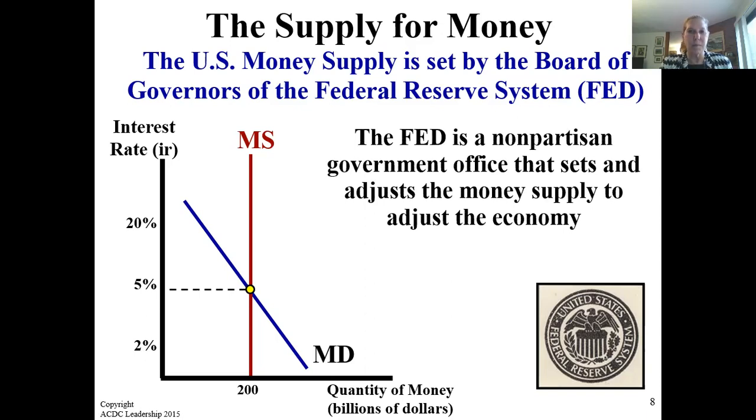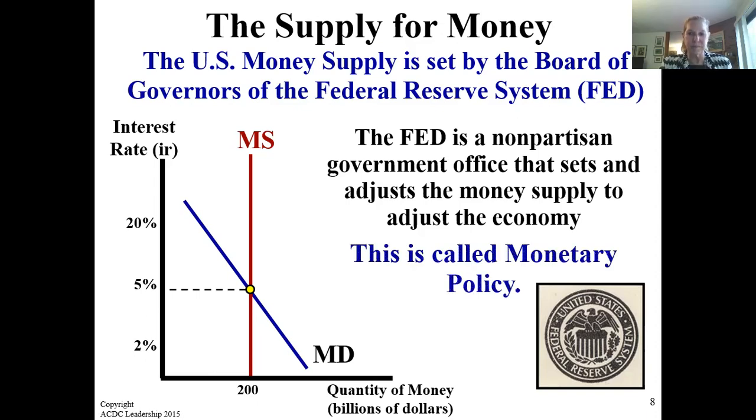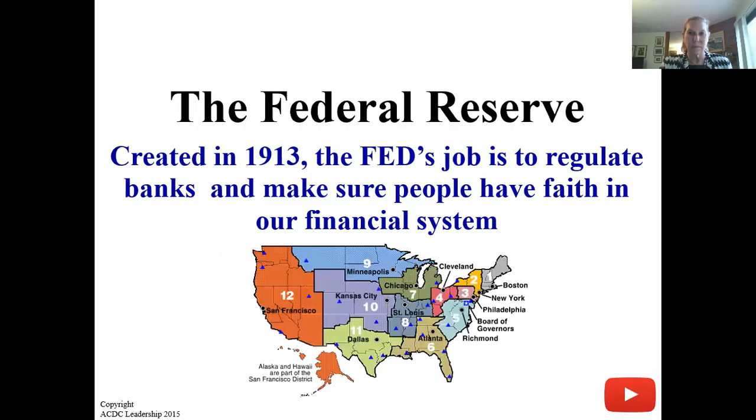The Fed is a nonpartisan government office that sets and adjusts the money supply to adjust the economy. This is called monetary policy. The Federal Reserve was created in 1913. The Fed's job is to regulate the banks and make sure people have faith in our financial system.